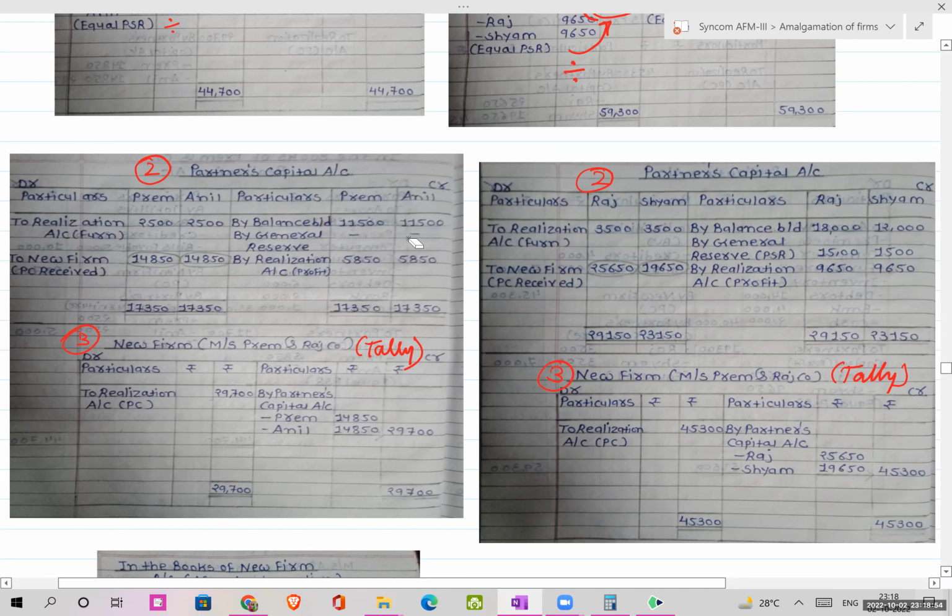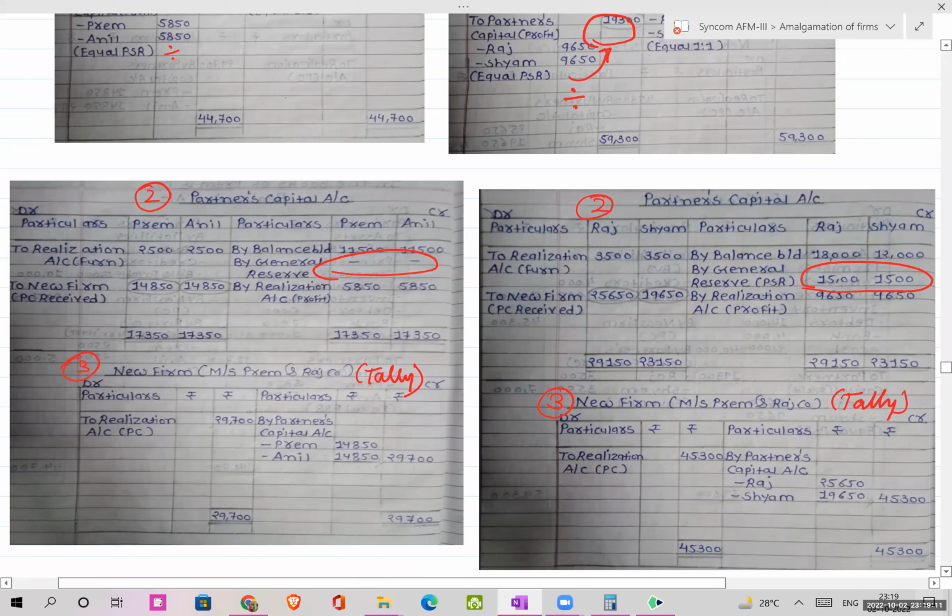Then, as I said, the general reserves should be distributed. The general reserve was there only in the second firm, so you're distributing it equally. यहाँ पे कोई general reserve नहीं था. Then आपका profit balance, PSR वाला, जो कि पार्टनर्स कैपिटल अकाउंट से मिला था, ये इधर ट्रांसफर होगा. फिर ये वाला बैलेंस 9650, ये भी इधर पार्टनर्स कैपिटल में ट्रांसफर होगा, प्रॉफिट ऑन रियलाइजेशन.